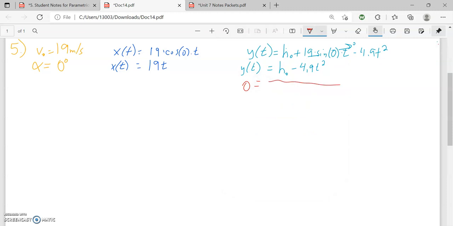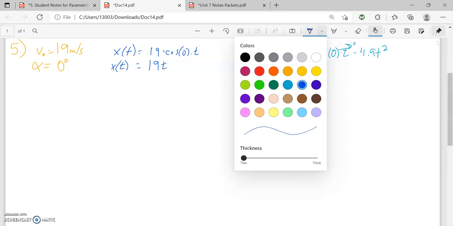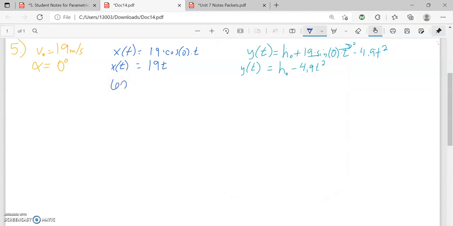Well, we can't do that because we don't know enough information. We still have 2 variables. But what we are aware of is that the end value, x of some time, we don't know the time, but we know that at some point this thing lands 60 meters away. And it lands 60 meters away by traveling at 19 meters per second for some amount of time.